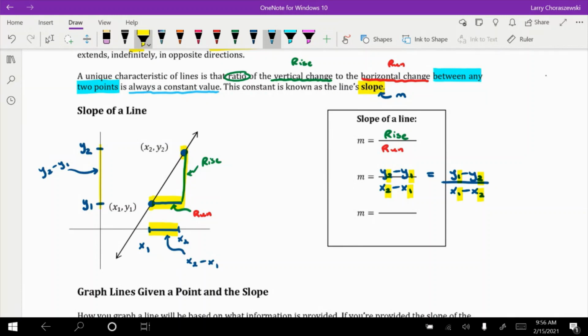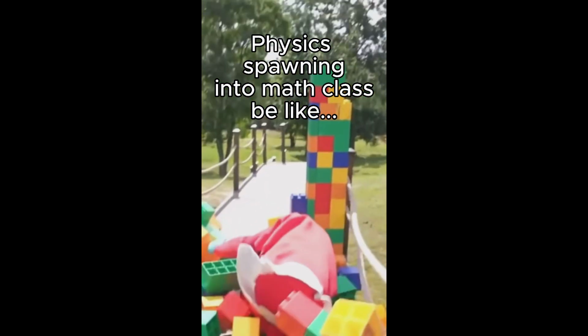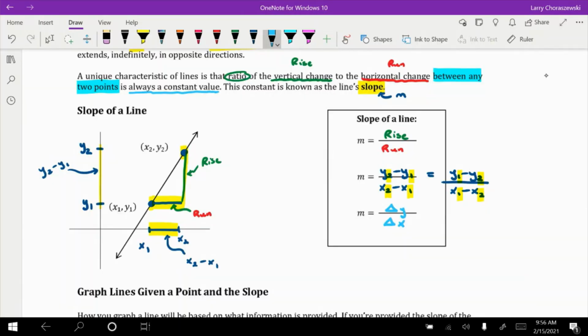The last version of slope is helpful for application problems. Have any of you folks seen this type of notation before? The triangle in front of a variable? Maybe if you've taken chemistry or physics or anything like that. Exactly, yep. This triangle is the Greek letter D, the capital version of it, actually. Its proper name is delta.